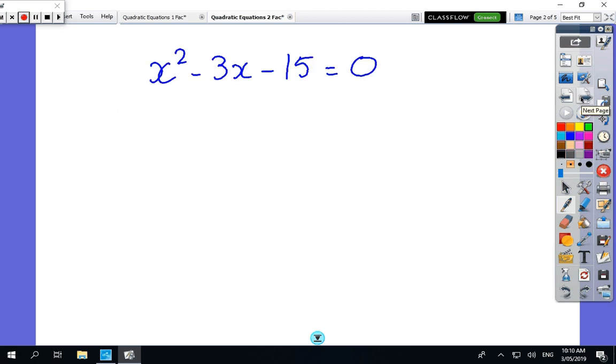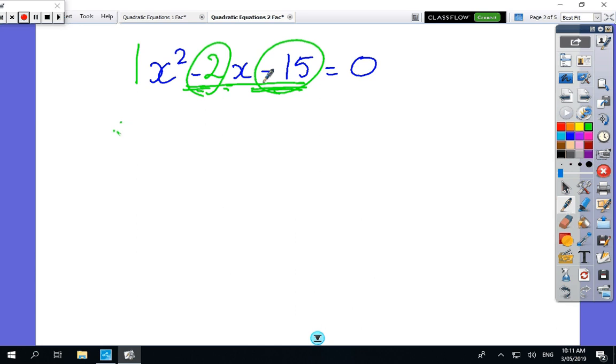Okay, so another example, it's a monic. So we're looking at factors of minus 15 that add to minus 3. Actually, beg your pardon, that should be minus 2. So factors of minus 15 that add to minus 2. Have a go when you're ready.